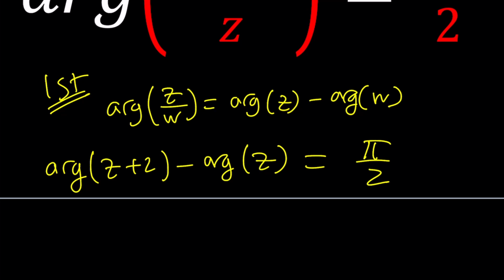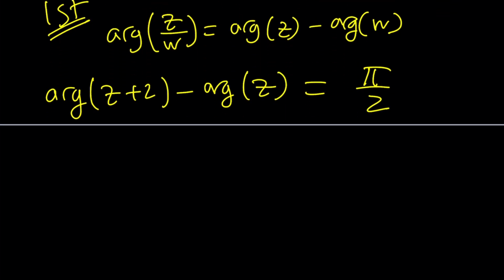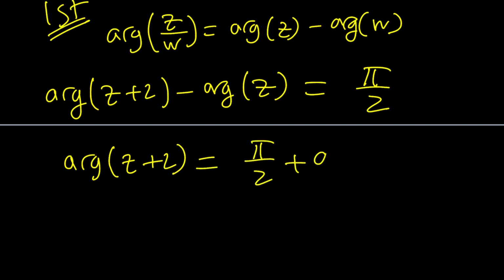Now what am I going to do with this? There's a couple of ways to go about it, but one of the methods that I really like is using trigonometry and the quadrants. I'll show you how that conversion is done. So let's go ahead and add arg z to both sides. I want to get the angles on different sides, because argument is basically the angle, right? So pi over 2 plus argument of z. Now, I have two angles.